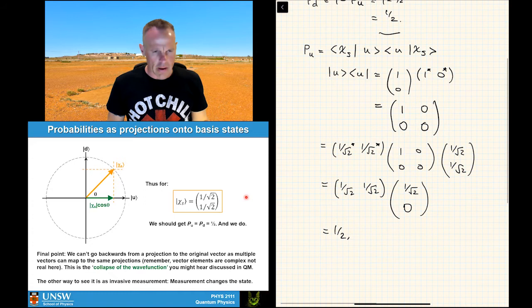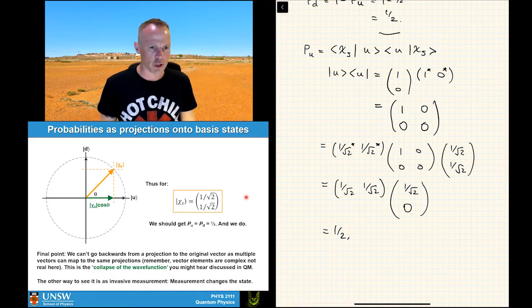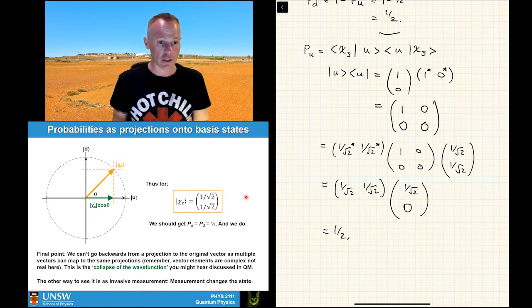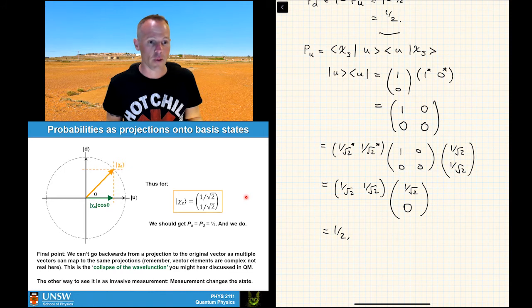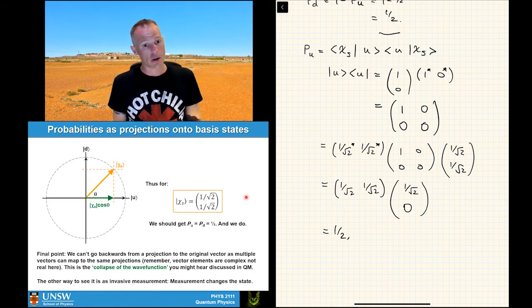Some of you will be going, well, hang on, this projection operator thing just looks like more algebra on the page to do the same job that he did with probability amplitudes at the top. And that's a fair point. Entirely up to you which of the two you want to use. It's good to be aware of both, just because sometimes you actually do want to build operators in much this way using outer products, right?